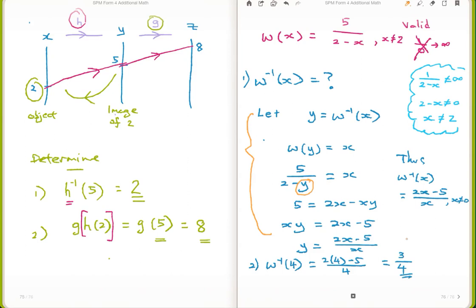Well, next we'll go into the composite function.